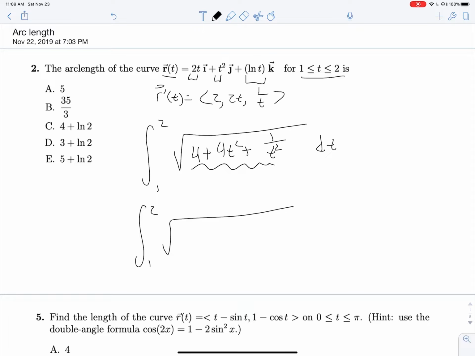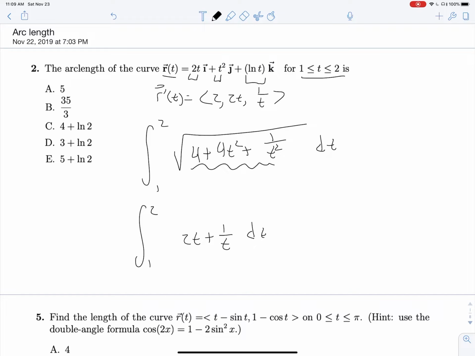So in this case, we can use 2t plus 1 over t, squared. Because if we FOIL this out, we're going to get 4t squared plus 4, because the t's will cancel, plus 1 over t squared. And so now our integral has gone from very scary to not scary at all.